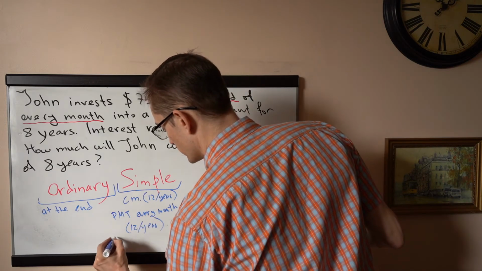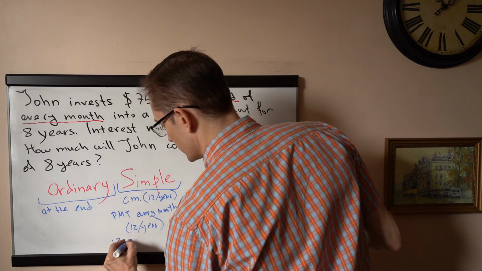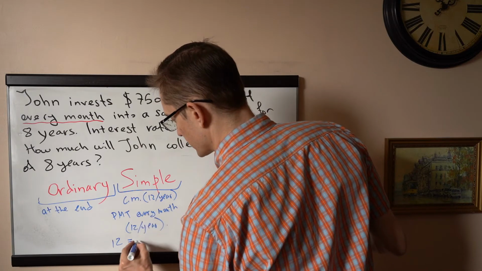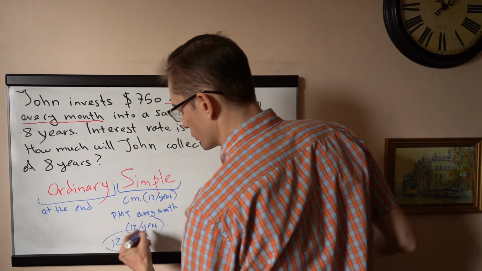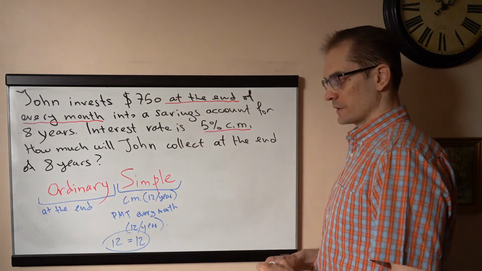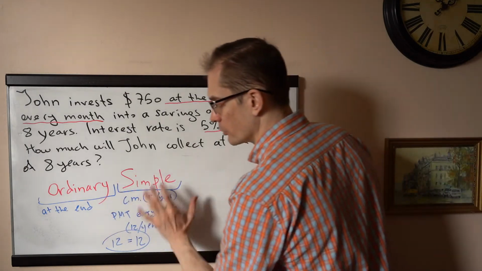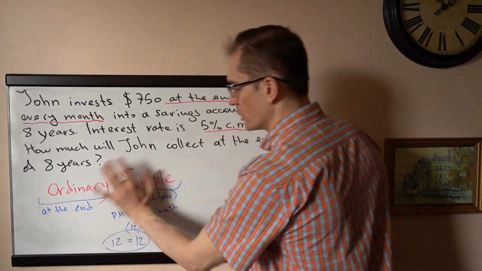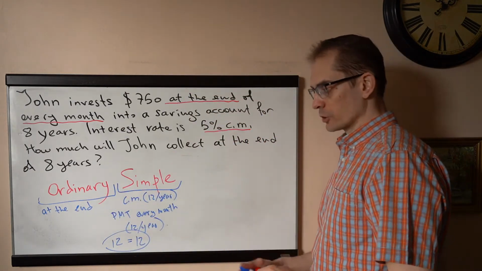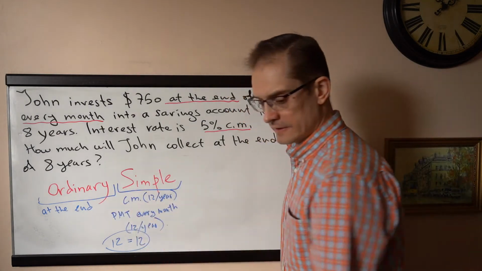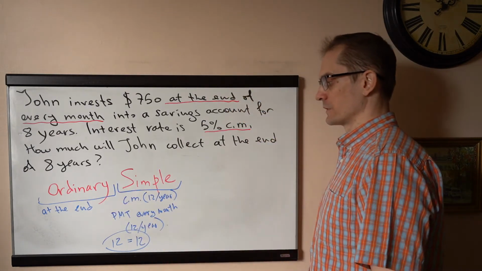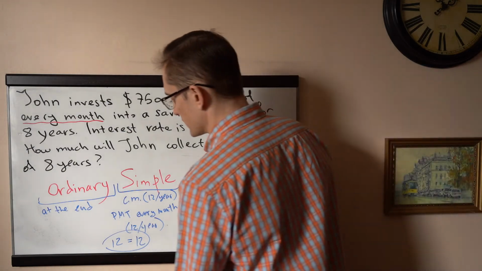So here you see 12 for the rate, and 12 per year for the payment. So 12 is equal to 12. Therefore, this annuity is simple. I just wanted to show you once again how you would go about this analysis to find out that the annuity is ordinary simple.